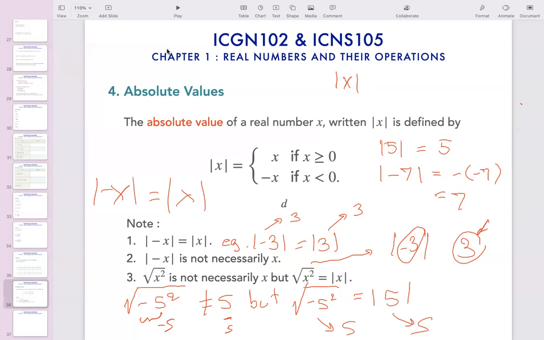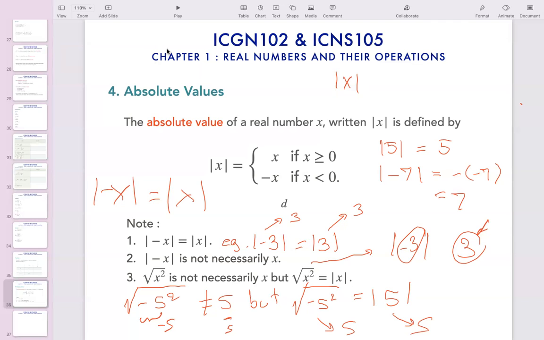Choice A, Thursday, 27th. Choice B, Tuesday, during the class time.